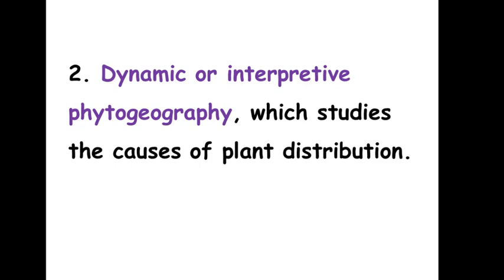Or if a plant has been proved to have originated in a particular location and has now spread to all parts of the world, a phytogeographer will study the factors which helped this plant migrate successfully. That is what we study in dynamic phytogeography.